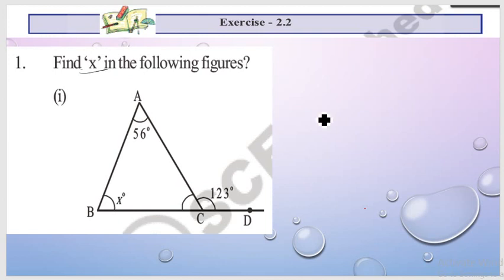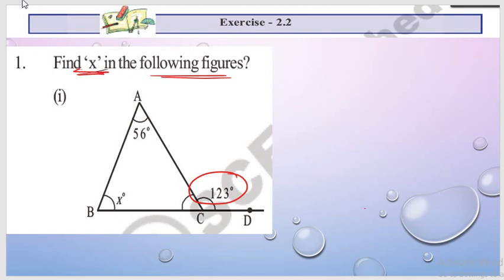We need to find the value of x from each and every figure. So this is the first question. In this question we are given a triangle ABC in which two interior angles and one exterior angle are given. We need to recall the concept of triangles, in which we have an exterior angle and two opposite interior angles.